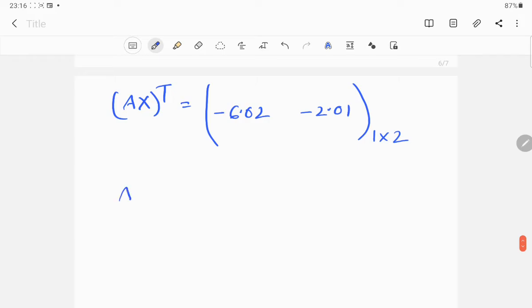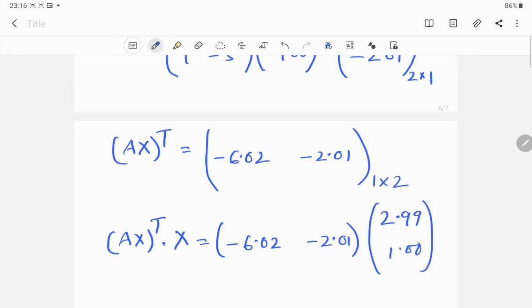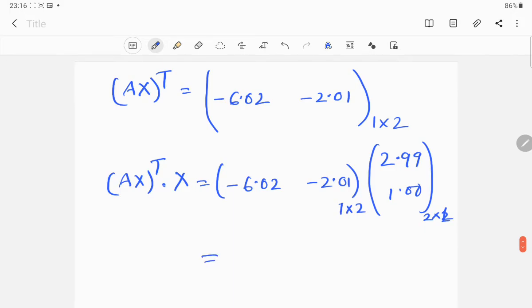Now we need to multiply this again with x. So we have minus 6.02, minus 2.01 and then again x, 2.99, 1.00. This is 1 by 2 and this is 2 by 1, so definitely it is going to be a number.